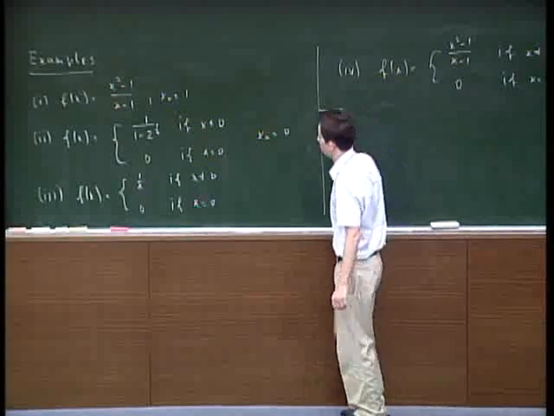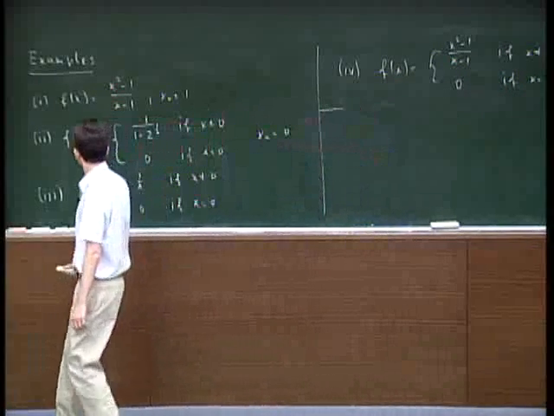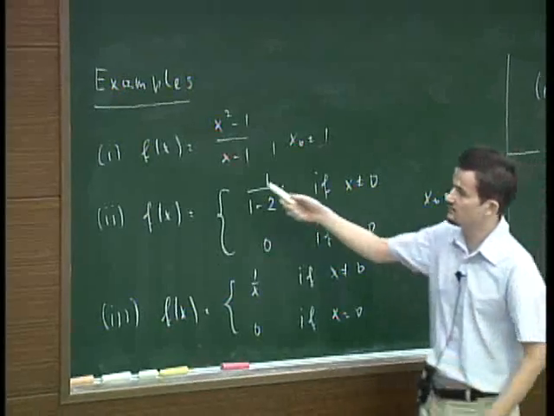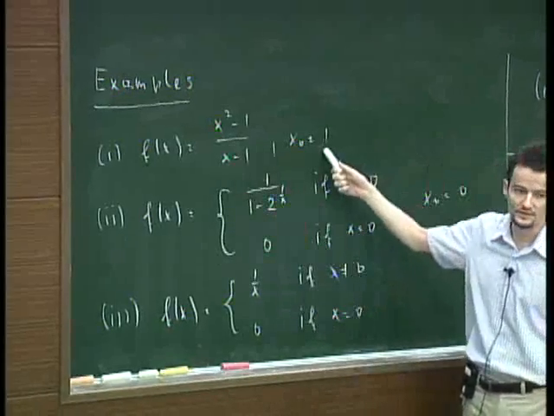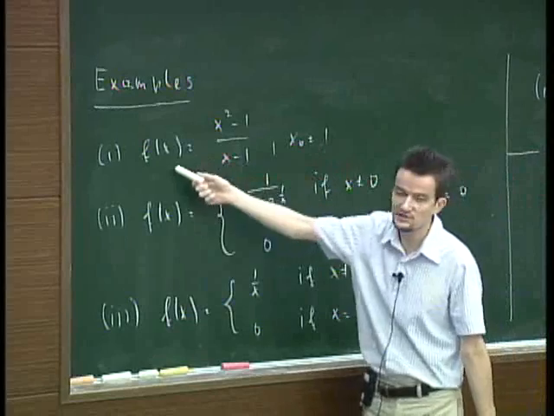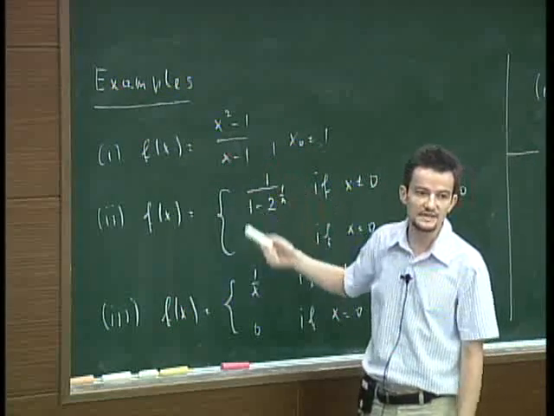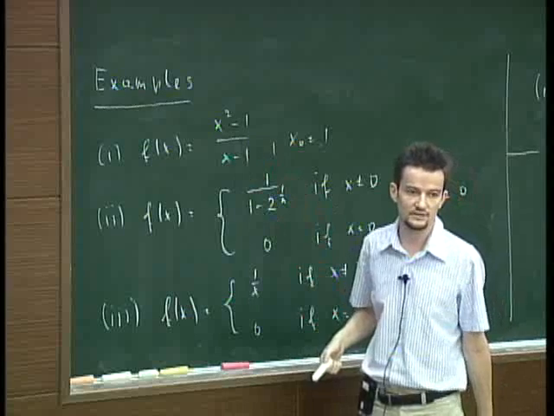Okay, so for all those examples, you see we are interested in this point here. So the first example is of course not continuous at this point because the function is not defined at this point. So this function does not meet the first requirement.